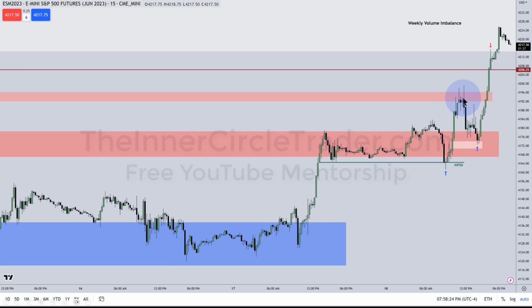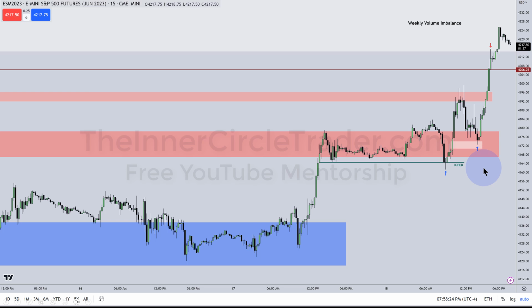I shared that on Twitter just because people ask all the time, did you do anything? So I did. And then the market went down, dropped into a fair value gap here, and then rallied up. And then I chose to engage the afternoon session, which was a silver bullet trade for the PM session.